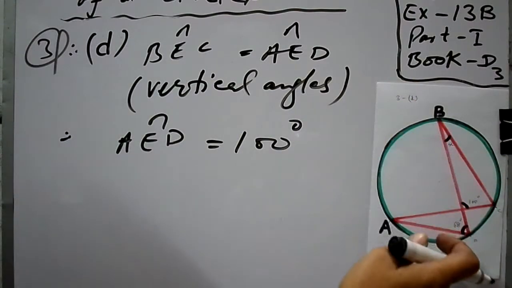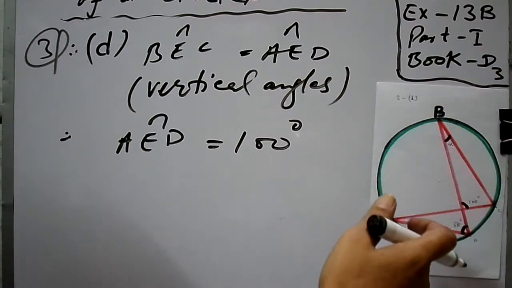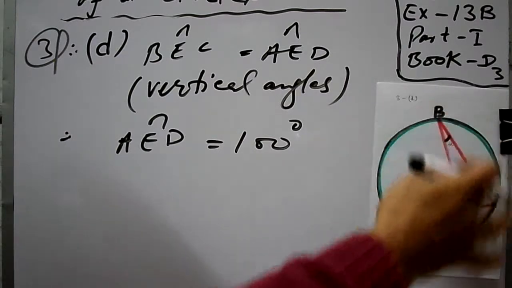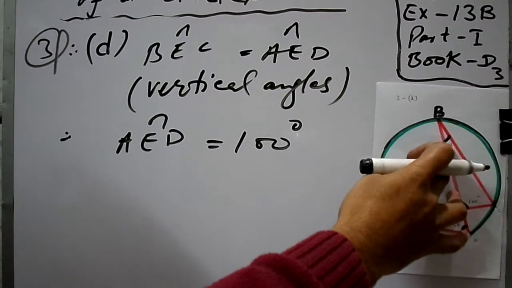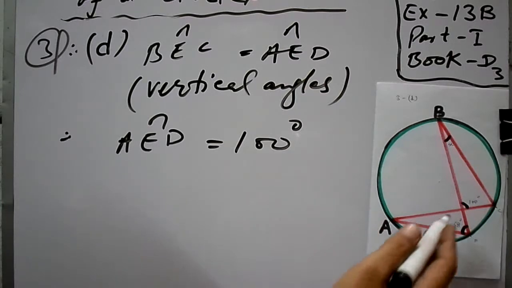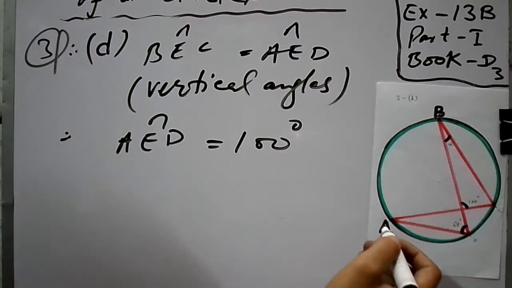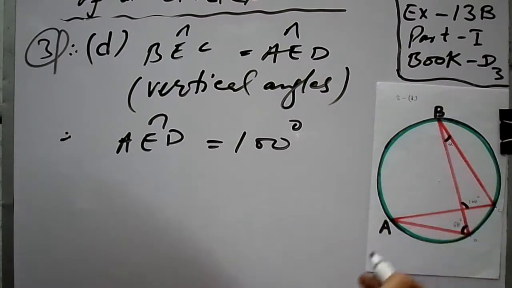The circumference angles are equal, so we can say that A must be equal to B and B is equal to x. So we can say that this is point O.